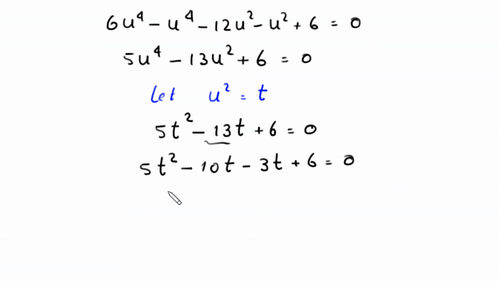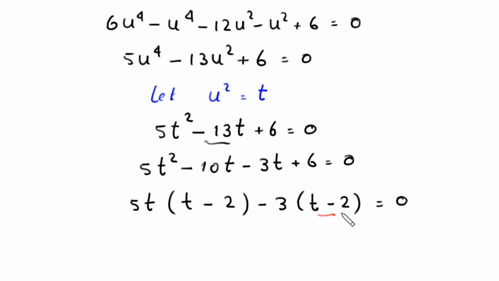From these two terms we can factor out 5t, in bracket left t minus 2, and from these two terms we can factor out negative 3, in bracket left t minus 2 equal to 0. This t minus 2 is a common factor, so we factor it out, and in bracket left 5t minus 3 equal to 0.